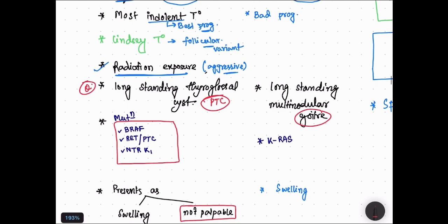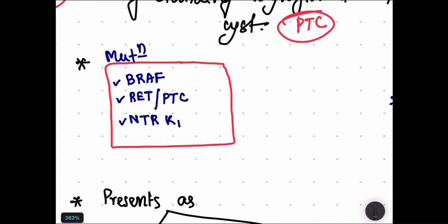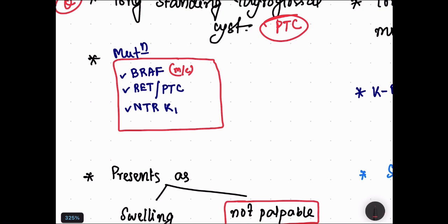Now coming to the mutations. If they ask you the most common mutation of papillary thyroid carcinoma, it is the BRAF mutation. The other mutations that can happen here are RET/PTC. RET/PTC 3 may be there, RET/PTC 1 may be there.